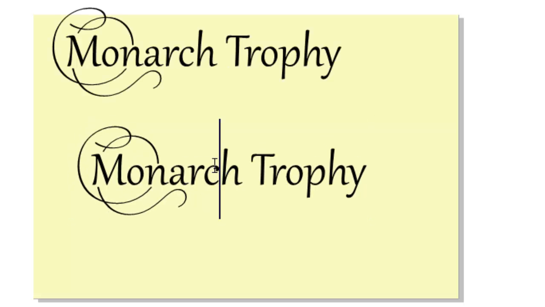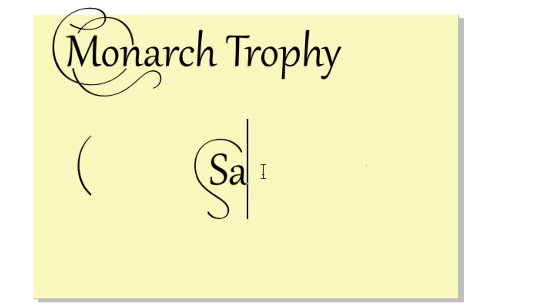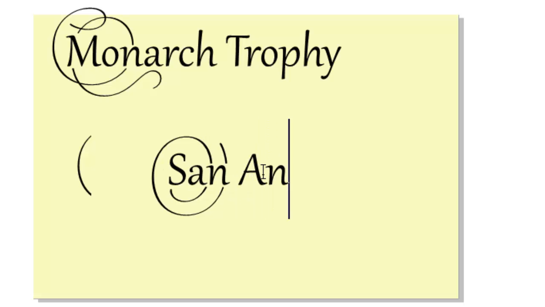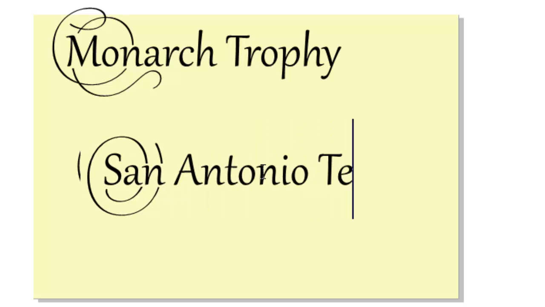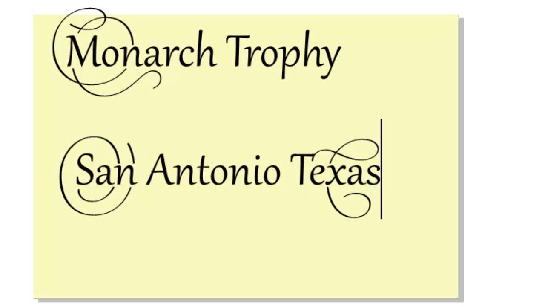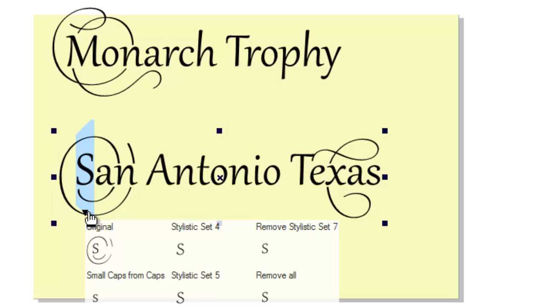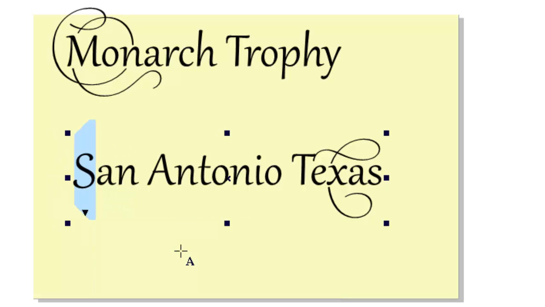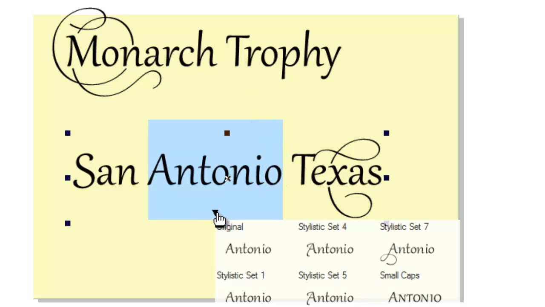We'll double click, that'll put us into the text mode. Triple click, that'll select the whole part. And I'm going to type in some new text. I have an idea here of something I want to do, so I don't want that fancy S. So I'm going to turn that off, go with just a regular S, but maybe something a little nicer on San Antonio.